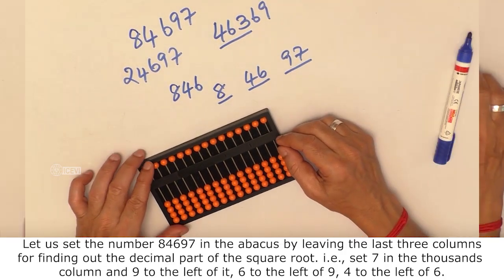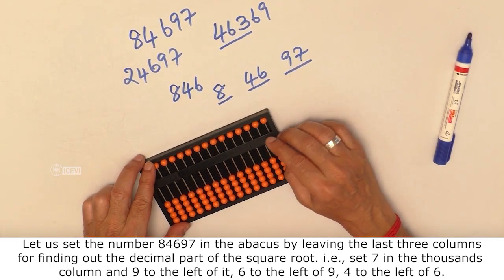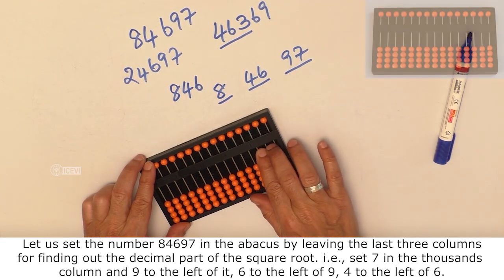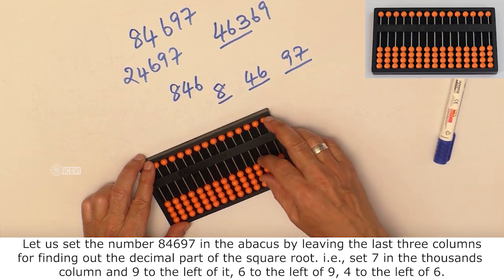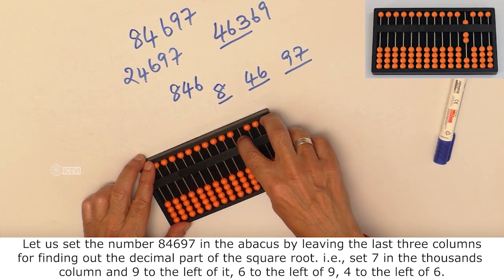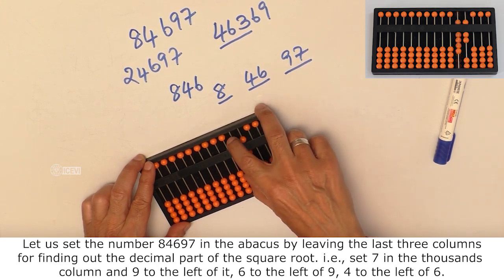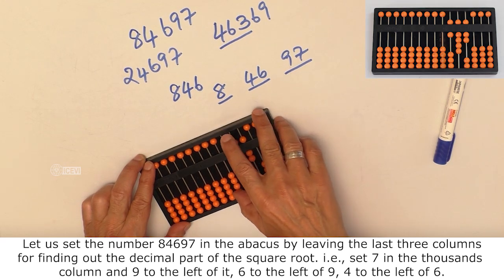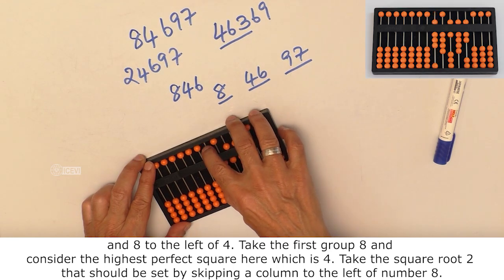Let us set the number 84,697 in the abacus by leaving the last three columns for finding out the decimal part of the square root. That is, 7 is set in the thousands column and 9 to the left of it, 6 to the left of 9, 4 to the left of 6 and 8 to the left of 4.